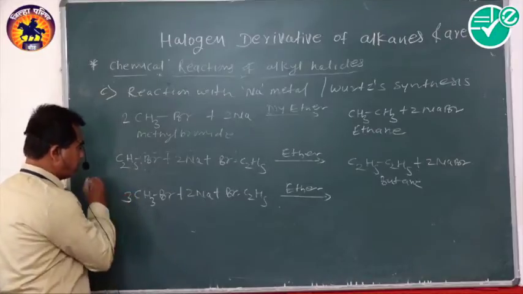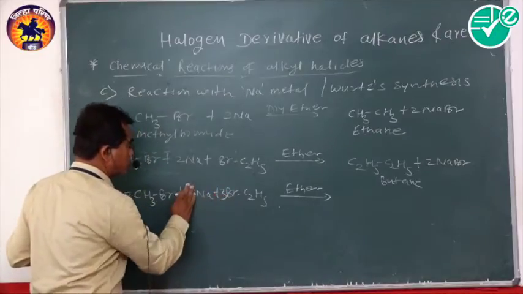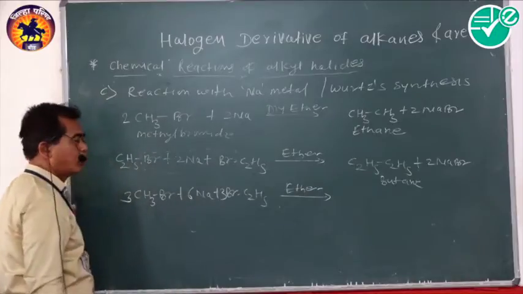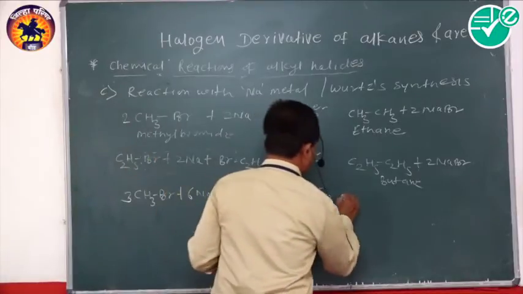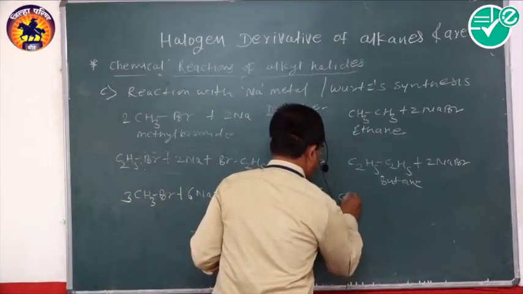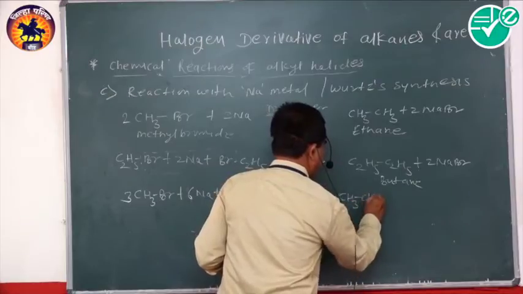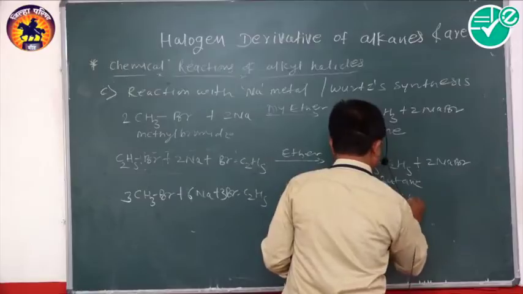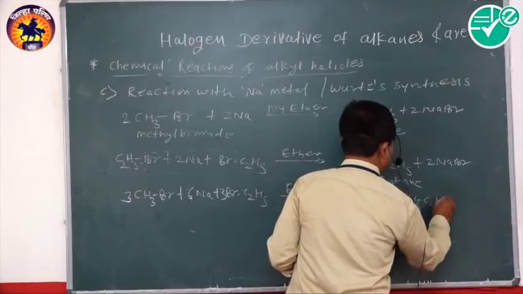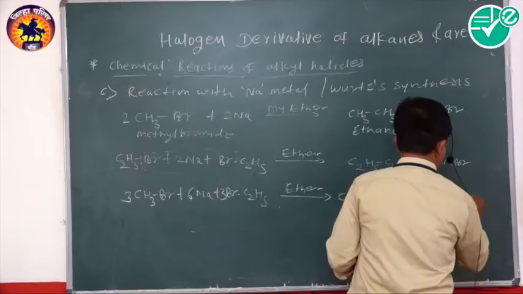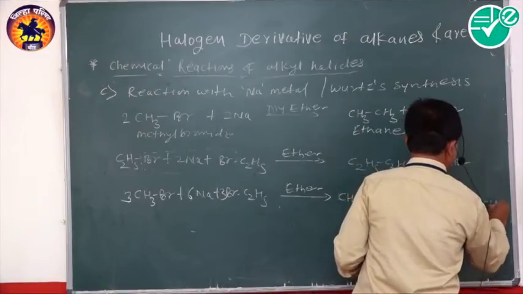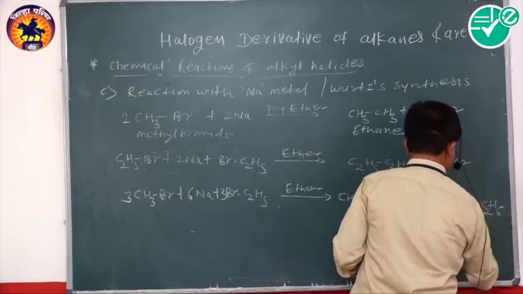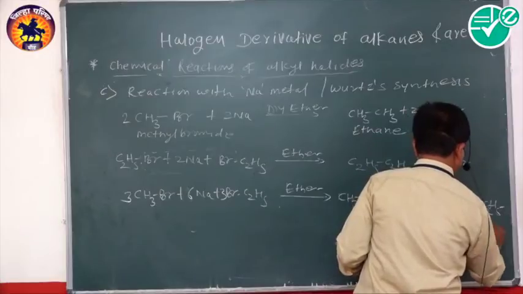Here we take three molecules and six atoms of sodium. There is a possibility of preparing ethane, butane, plus propane, plus 6 NaBr.